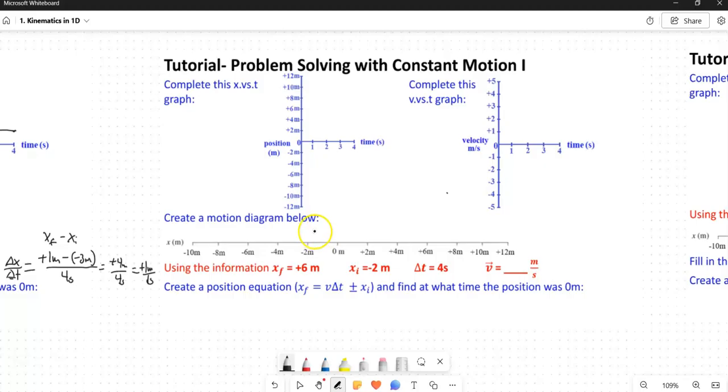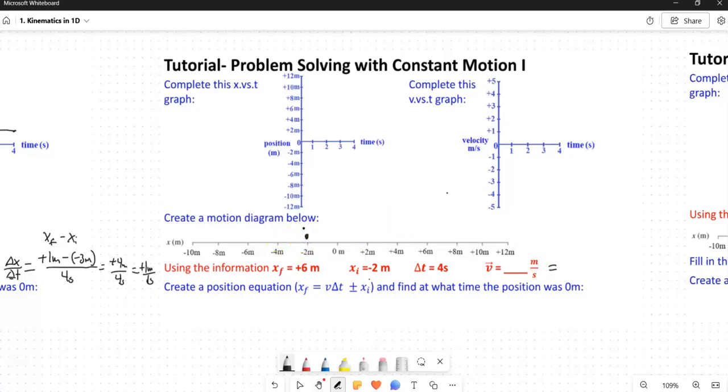Okay, so let's put in our numbers. Start off here, and let's actually figure out what the velocity is. It doesn't matter where you start. You could start off with the motion diagram.